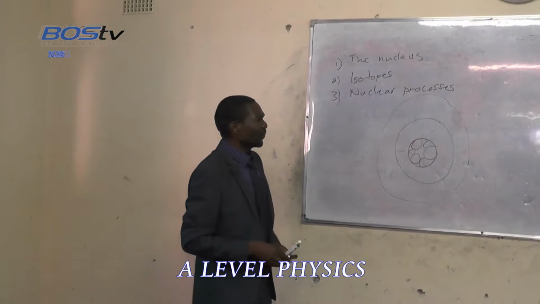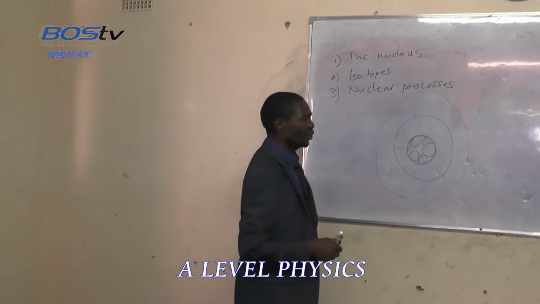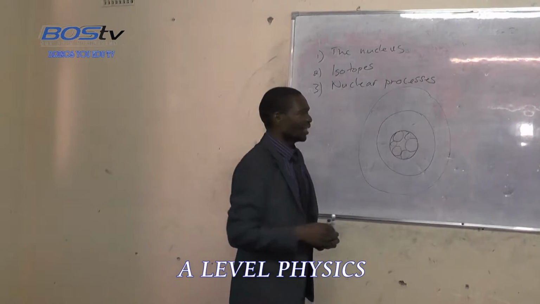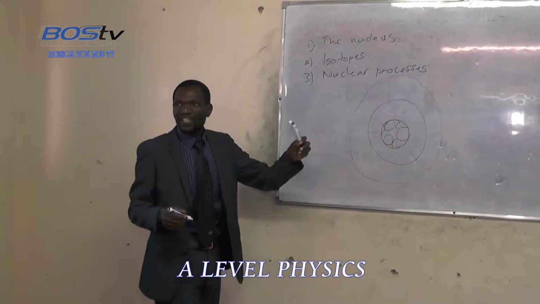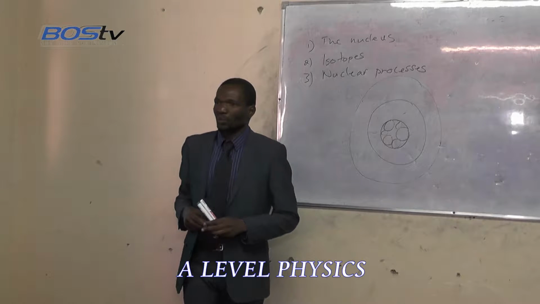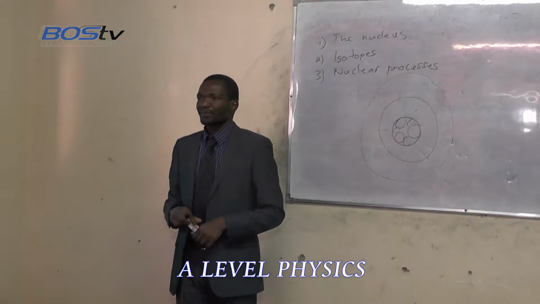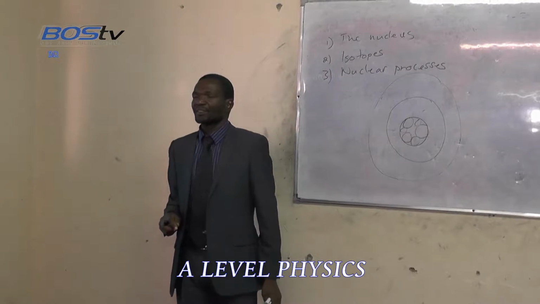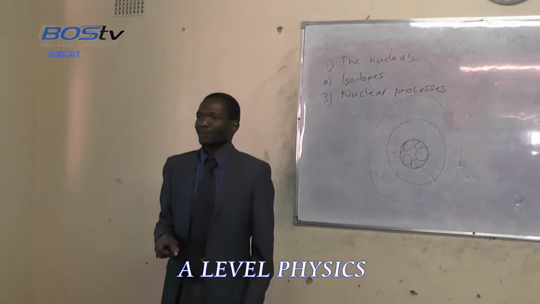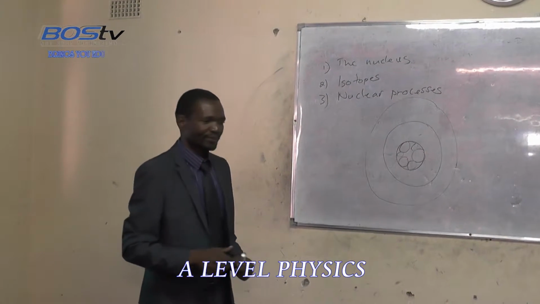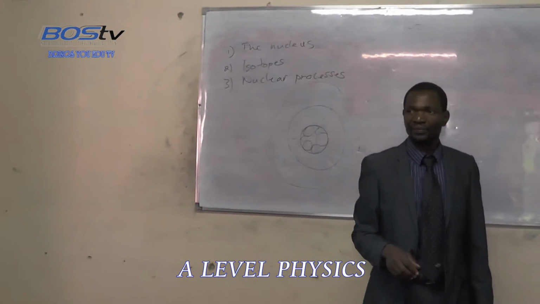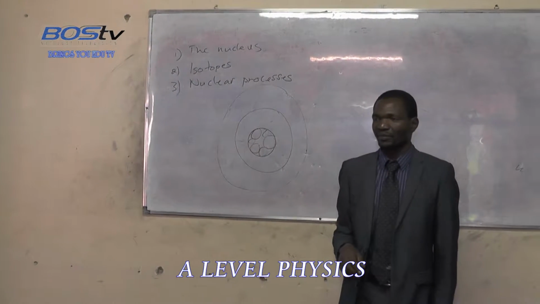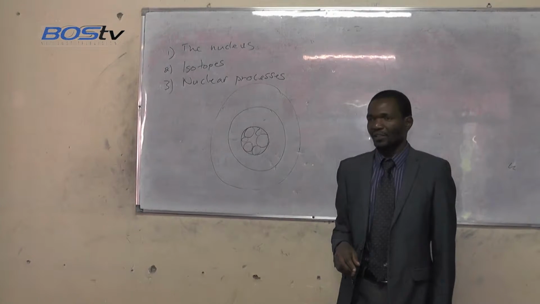Right, fine. The other important aspect which you must know, which is assumed knowledge, are isotopes. Who can define isotopes? Atoms of the same element with the same proton number but different neutron numbers.